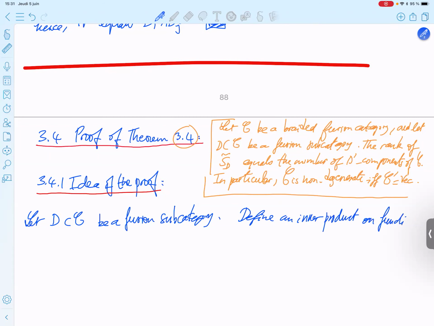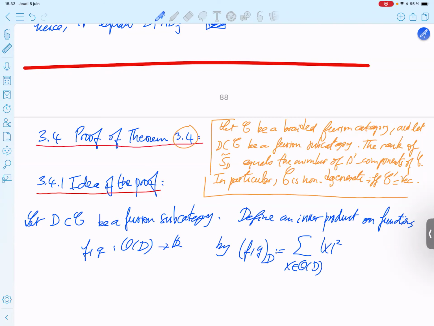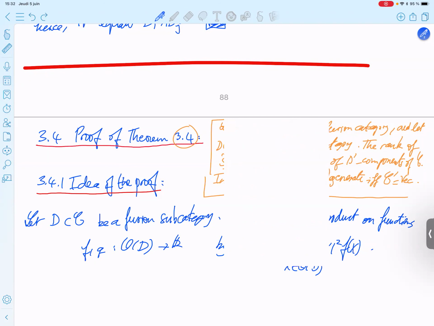The inner product is defined as the sum over the simple objects x of the square norm of x, times f of x, times g of x star.